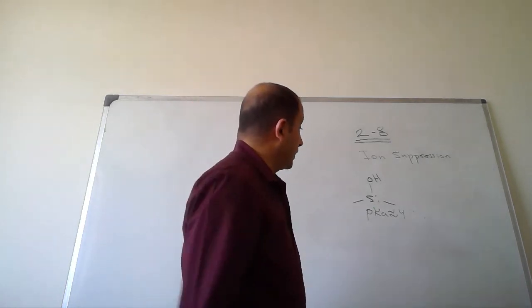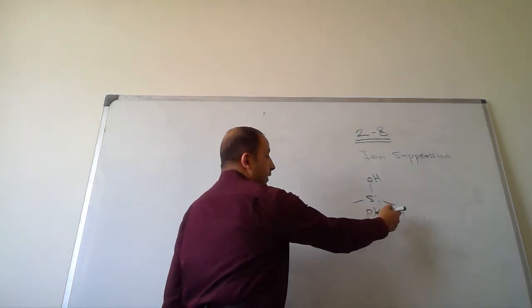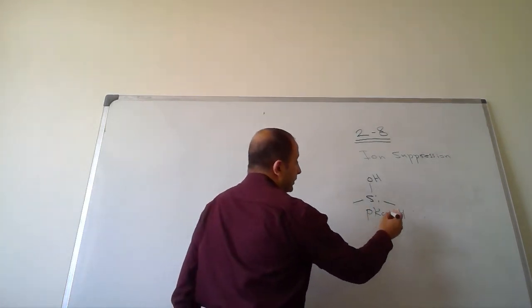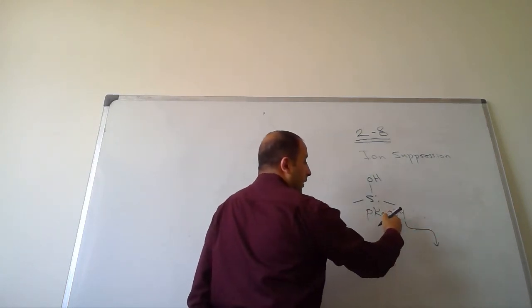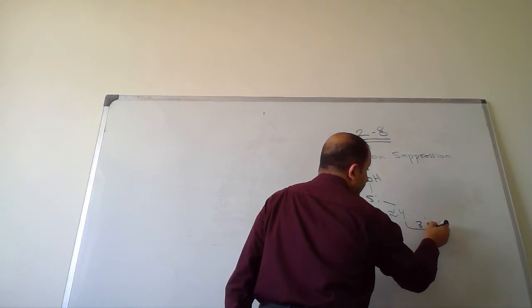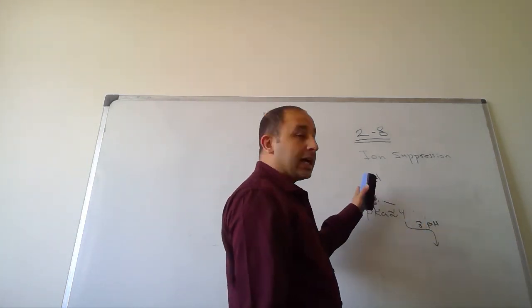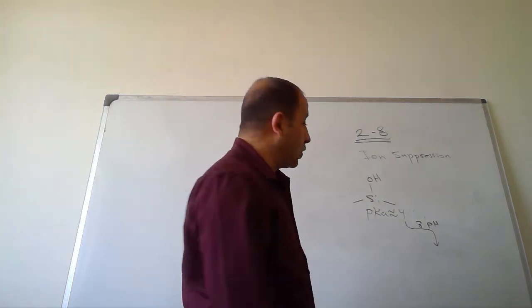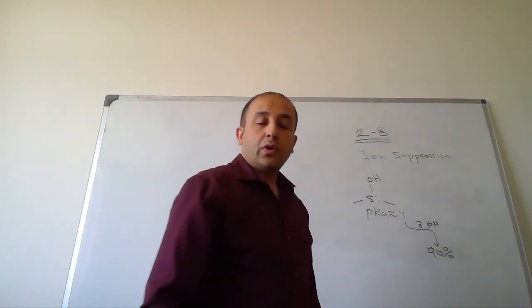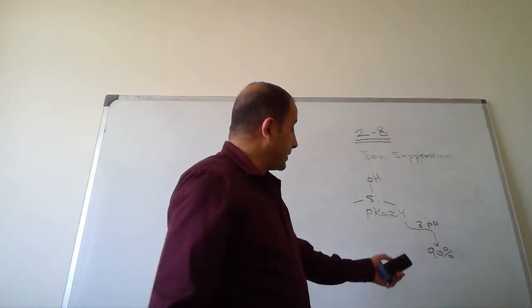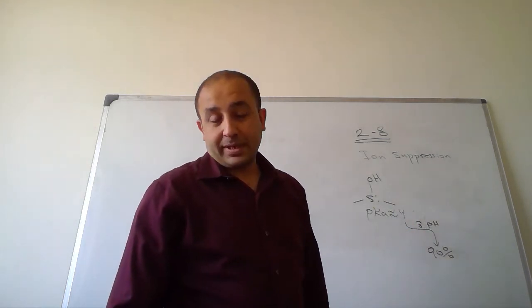Now, you know that if we have an acid with pKa 4, then at pH 3, silanols will be suppressed, 90% of the groups. So 90% of silanols at pH 3 can be suppressed.